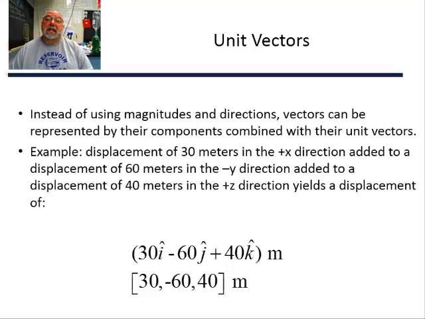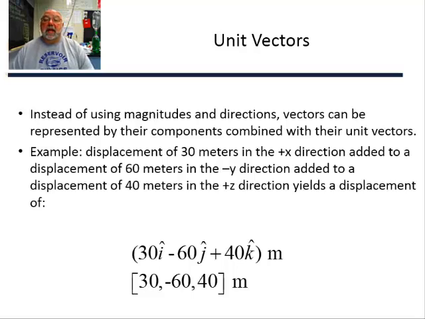So multiplying a vector by a scalar is just multiplying that vector's length by the amount of the scalar. So if you're multiplying the component by 1, you just end up with a component, and the unit vector gives it direction.